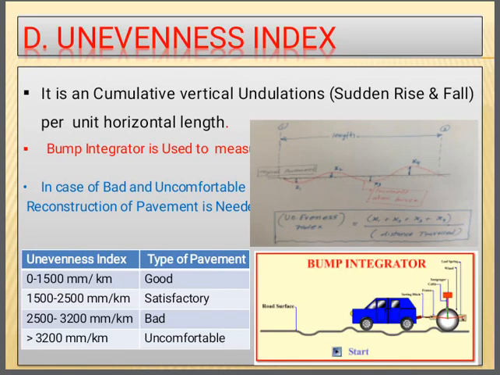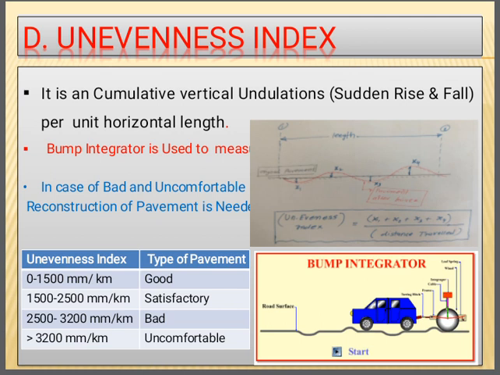This is the last characteristic of pavement surface: unevenness index. In the previous lecture, we have studied about friction, skid and slip, and light reflection characteristics, and in this lecture, we are going to study about unevenness index.